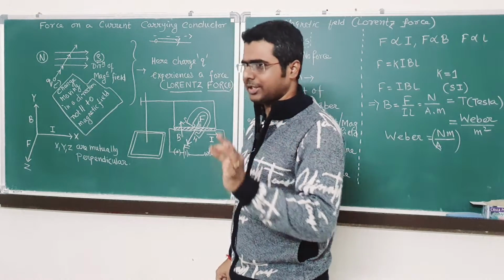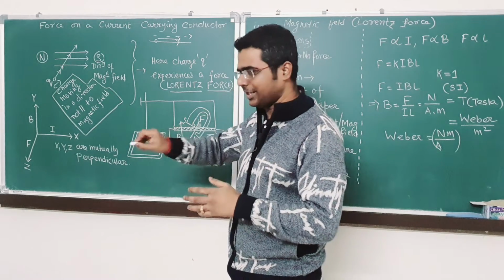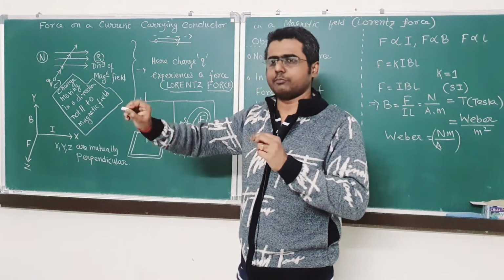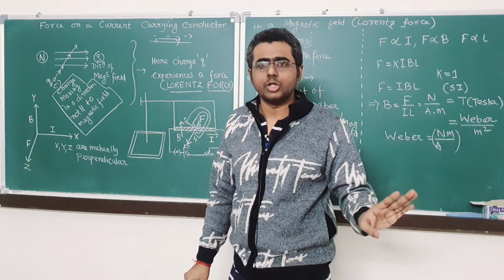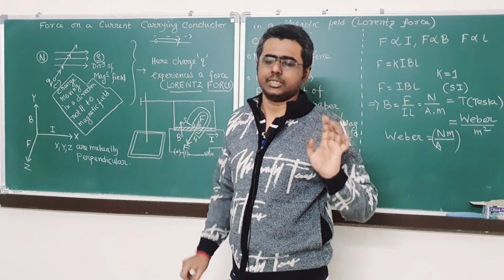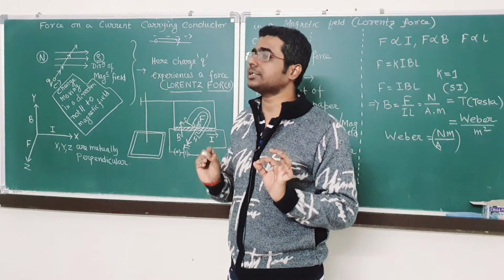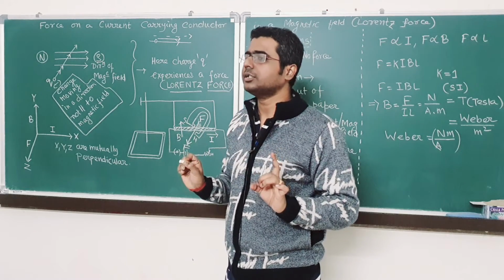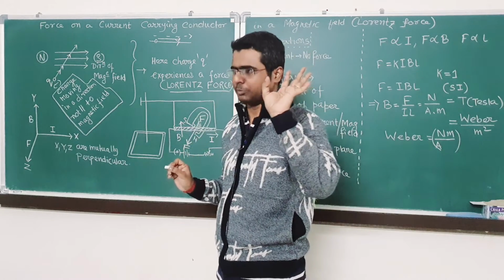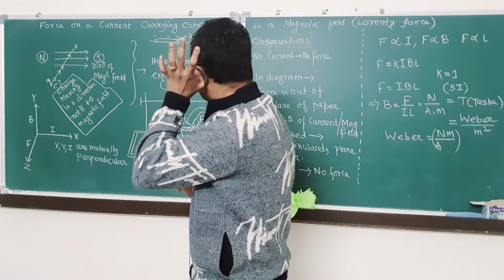So a charge moving in a magnetic field, but with direction of movement not parallel to magnetic field direction, then only it will experience a force, which is named as Lorentz force.